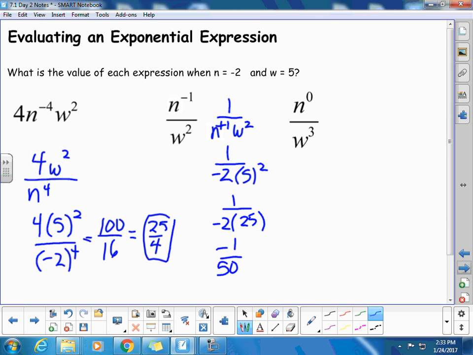Excuse me. That negative can go on the top or the bottom. So you can write it as that, or you could write it as this. It's the same thing. N to the 0, remember that cancels out to be 1, anything raised to the 0. So I have 1 over 5 to the third, which is 1 over 125. 5 times 5 times 5.